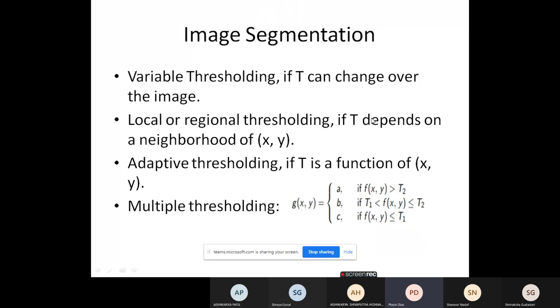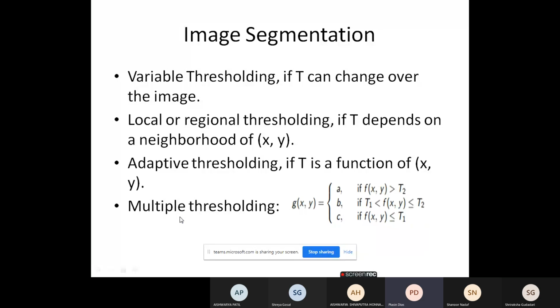If your threshold depends on the neighboring pixel values of an image, where you consider the center point x comma y, then that may be considered local or regional thresholding. In adaptive thresholding, your threshold is a function of x comma y.